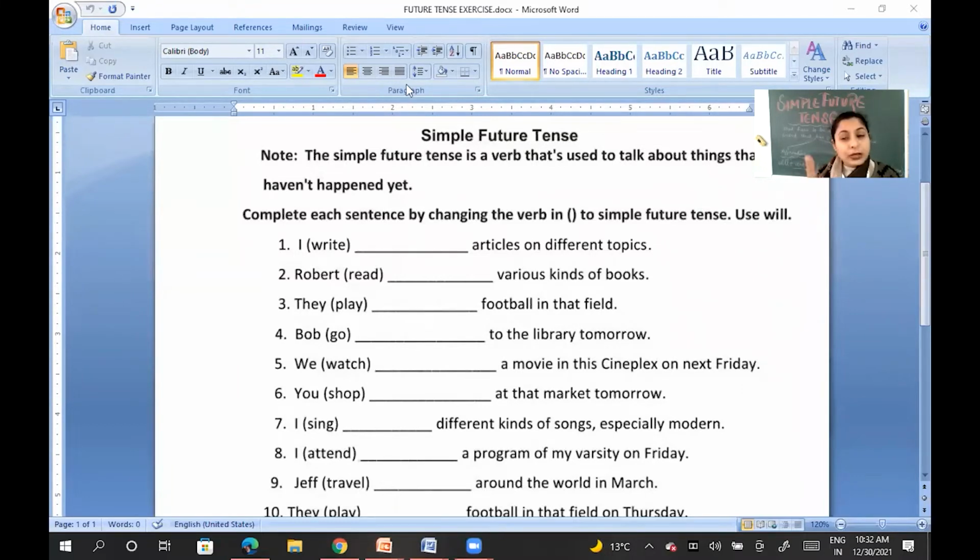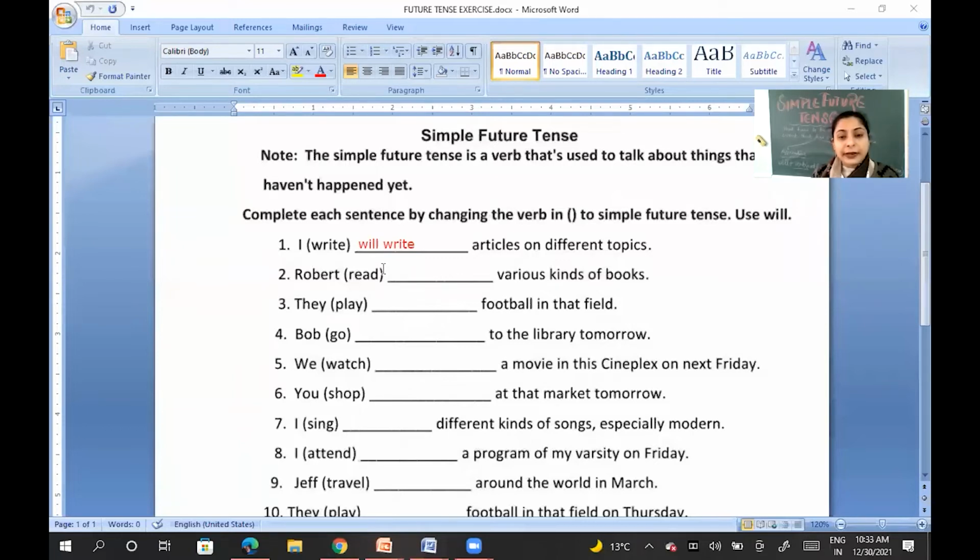Now which verb do we have to use here? Write. So what will we have to do? We will simply add will to it. How? Will, and then write as it is. We will make no change in the spelling of write as per tense. Okay? I will write articles on different topics. Now this sentence is in future tense.